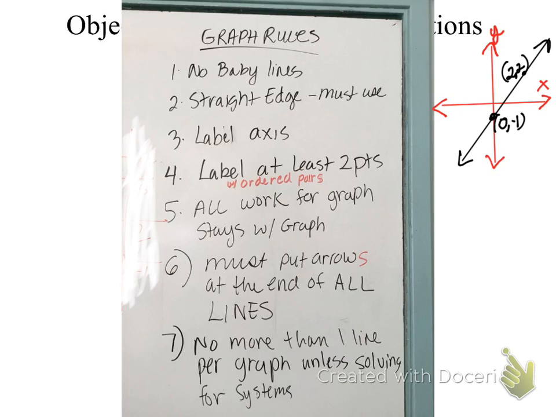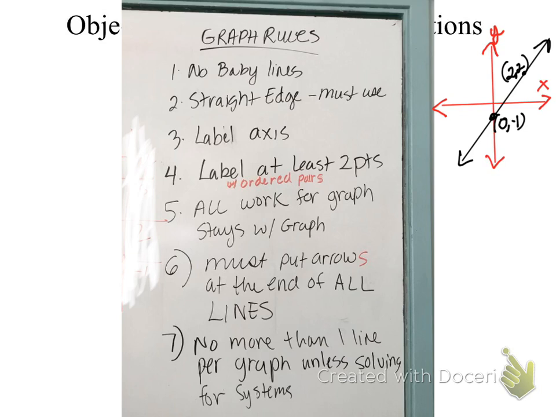So if you can see, number 2 says you have to use a straight edge. That includes a straight edge for the x-axis, the y-axis, and for the actual line. You need to label 2 points with the ordered pairs like I did here. 1 ordered pair, 2. Okay, at least 2 points.